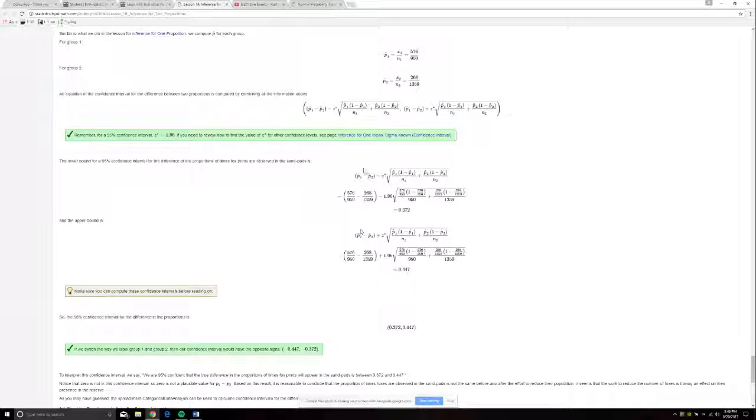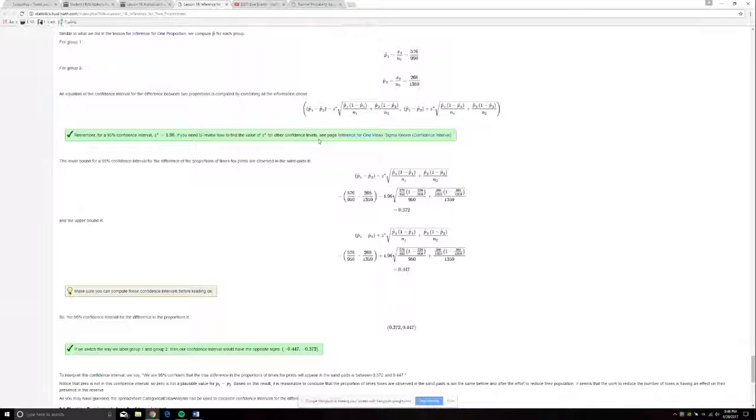So I do 0.743 minus 0.712, and that would be my 95%. That wouldn't really work though, because it says, what is the point estimate for the 95% confidence interval? So I'd have to use 1.96 somewhere in there, wouldn't I? Well, yeah, but not until you find the margin of error.